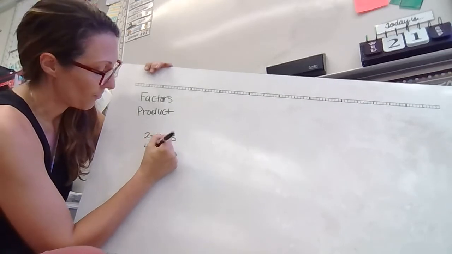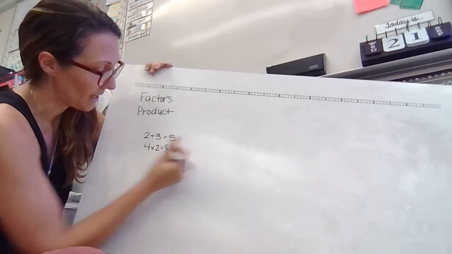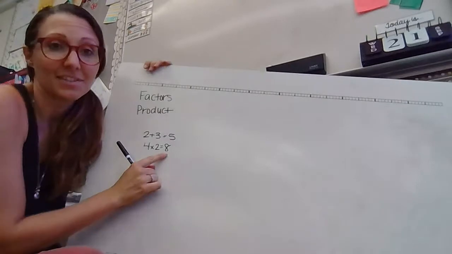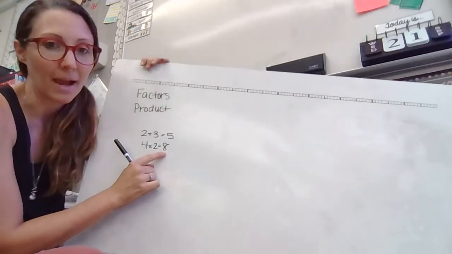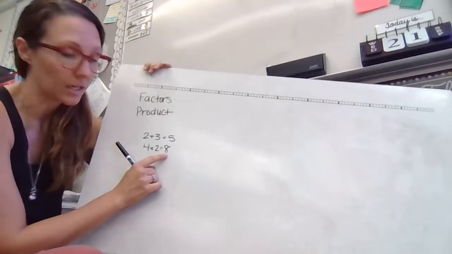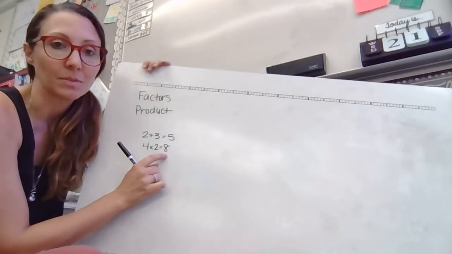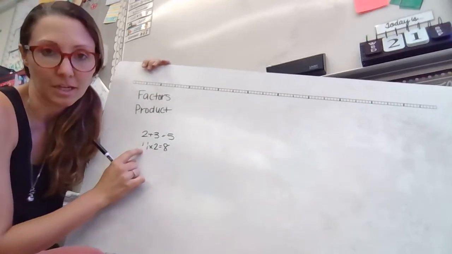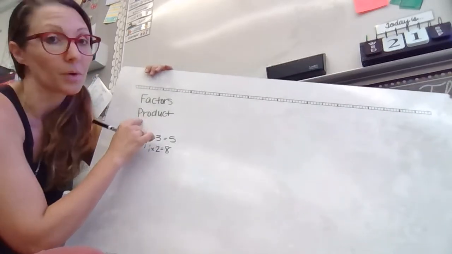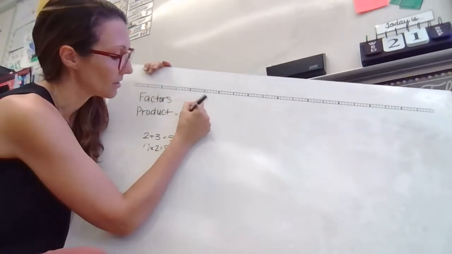If I was saying 4 times 2 equals 8, this is still the answer. But when we're talking about math, we say that the product of 4 groups of 2 is 8 because it's using multiplication.